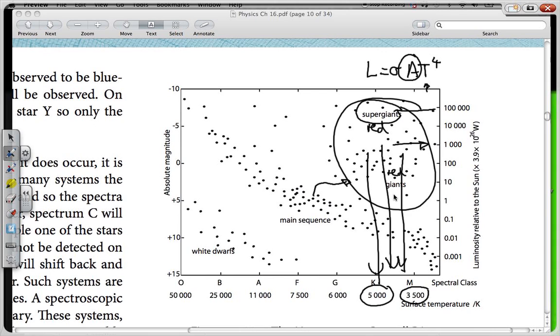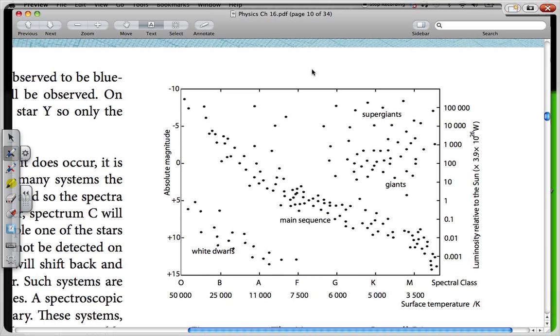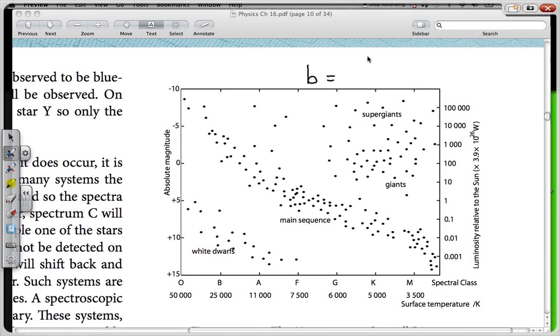So these are some points with this Hertzsprung-Russell diagram, really useful in being able to find out the luminosity and the temperature of a star. Once we know the luminosity of the star, from this formula here, B is equal to L over 4 pi d squared, we can measure the apparent brightness of the star.